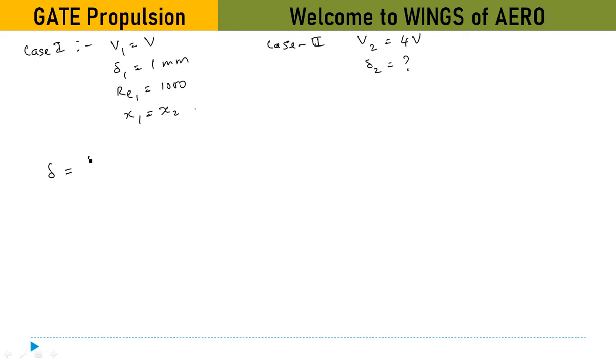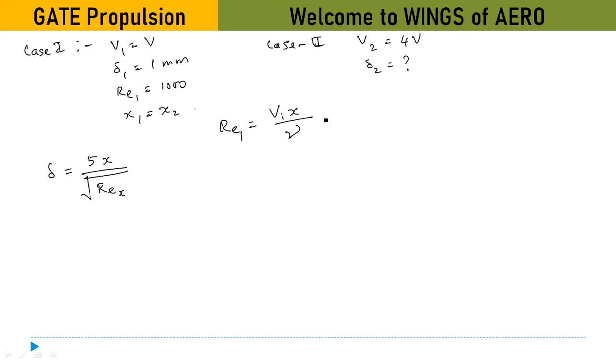Reynolds number is v2 x by nu. So I know that v2 equals 4 times v, so 4 times vx by nu. So I know this vx by nu is equal to 1000, so vx by nu equals 4000. Can I state this? I can state what Reynolds number 1 and Reynolds number 2 are.